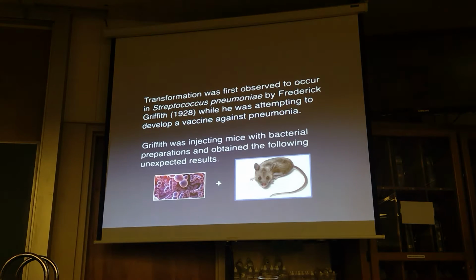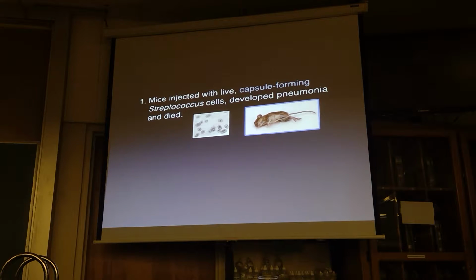So Griffith knew some things about Streptococcus pneumoniae. He knew that if you put live, capsule-forming Streptococcus pneumoniae into mice, those were the virulent forms. So if you put those into mice, the mice got pneumonia and they died.